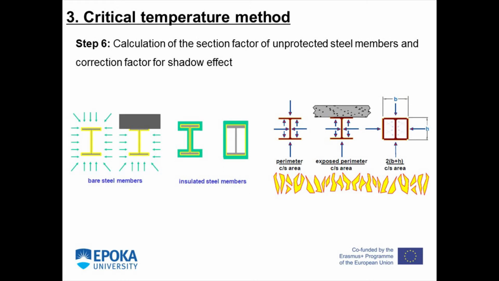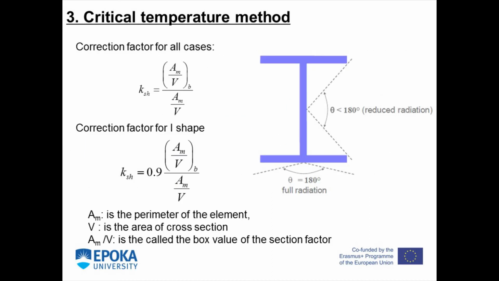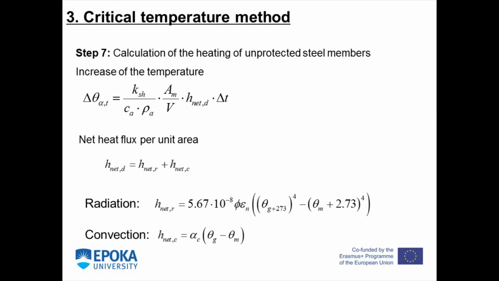Step 6. Calculation of the section factor of unprotected steel member and correction factor for shadow effect: correction factor for all cases and correction factor for double T shape. Step 7. Calculation of the heating of unprotected steel member, increase of the temperature.